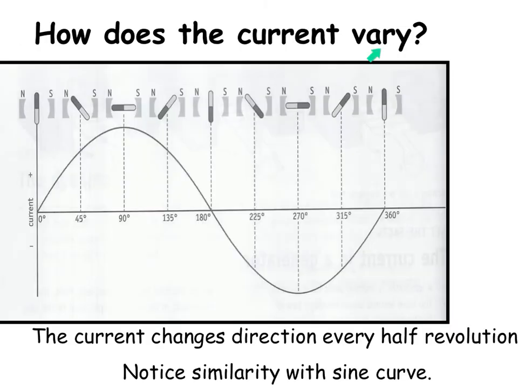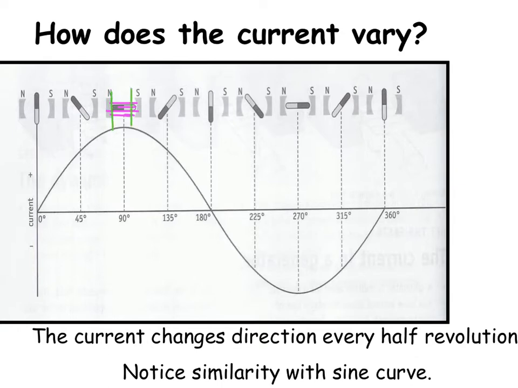So how does the current vary? The coil's changing direction. So here's my north, my south, my north and my south, and the coil's over there. When the coil is about to go down and up, because look, it's going to be there and there, that is when you've got your maximum. You're cutting these field lines at 90 degrees.